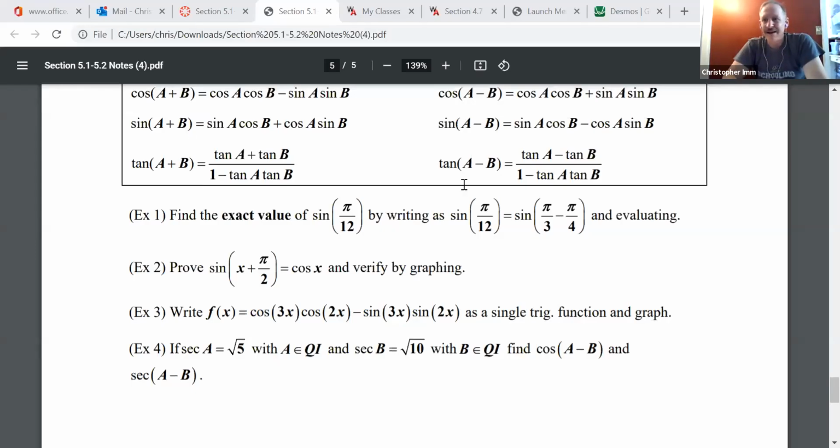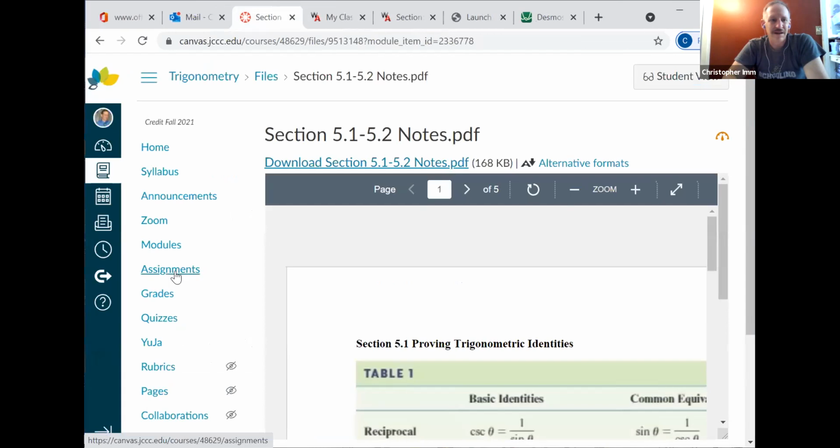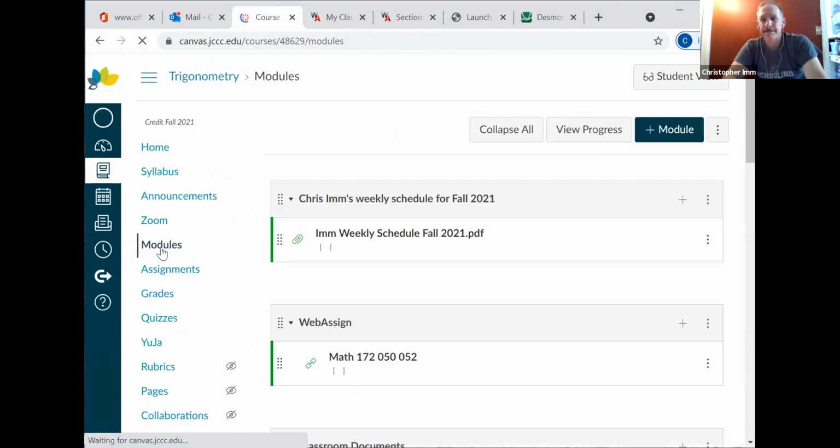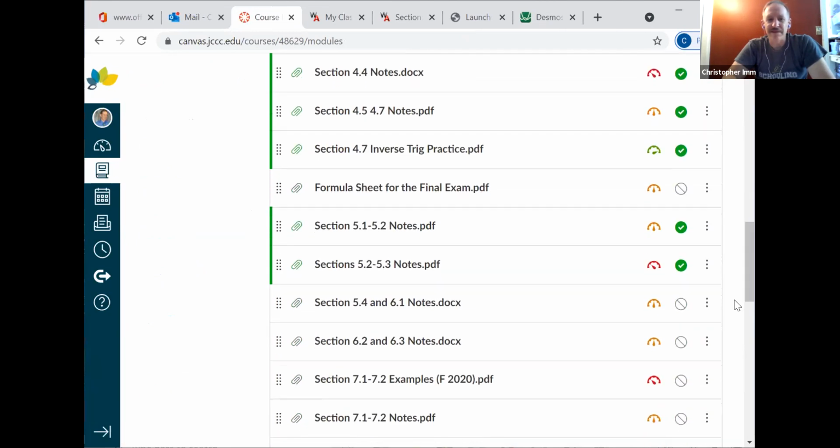All right. So I'm going to go back into Canvas. And I think I have another sheet up here. Let me go into my modules again. I think this one is the 5.2 and 5.3 notes.